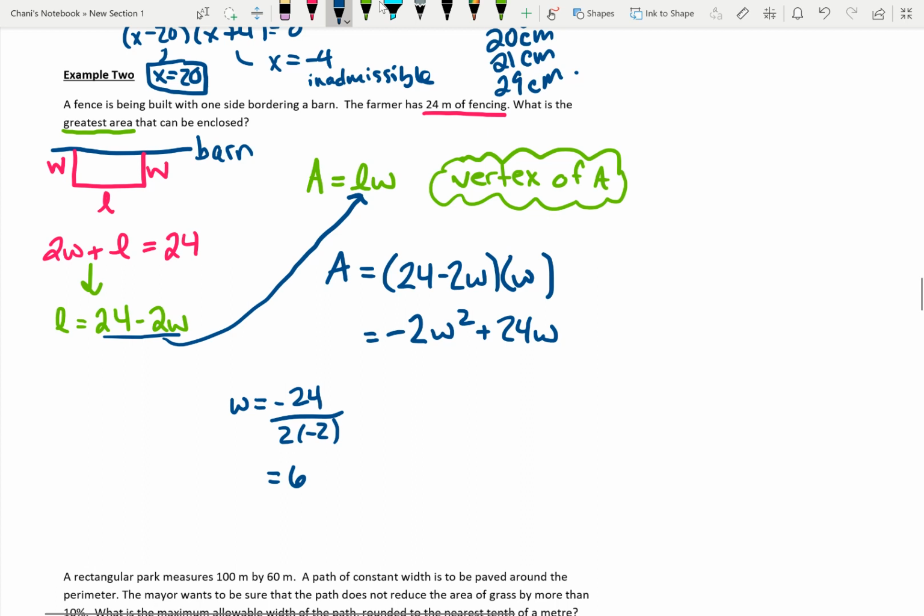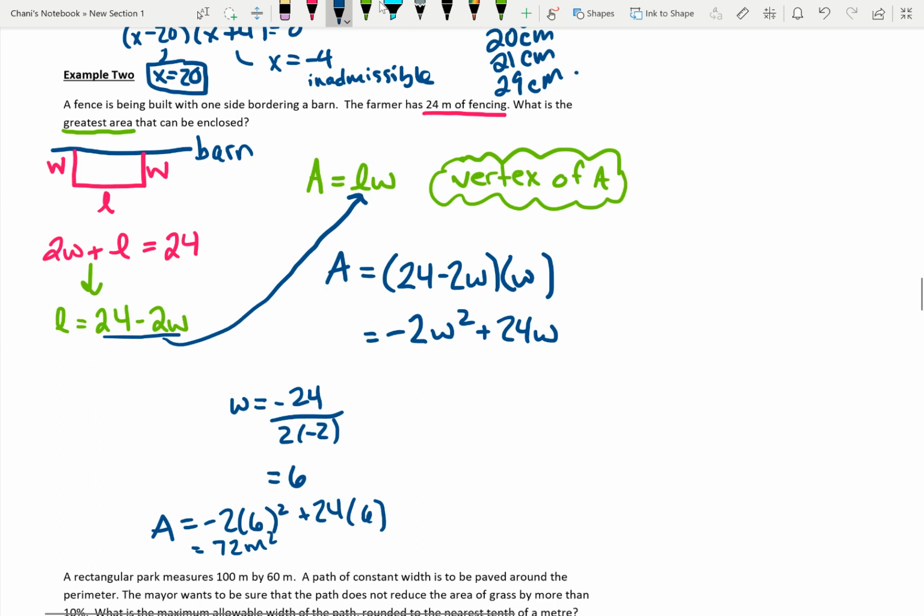So to find what that area is, I simply put 6 into my equation. Minus 2 times 6 squared plus 24 times 6, and that gives me an area of 72 meters squared.